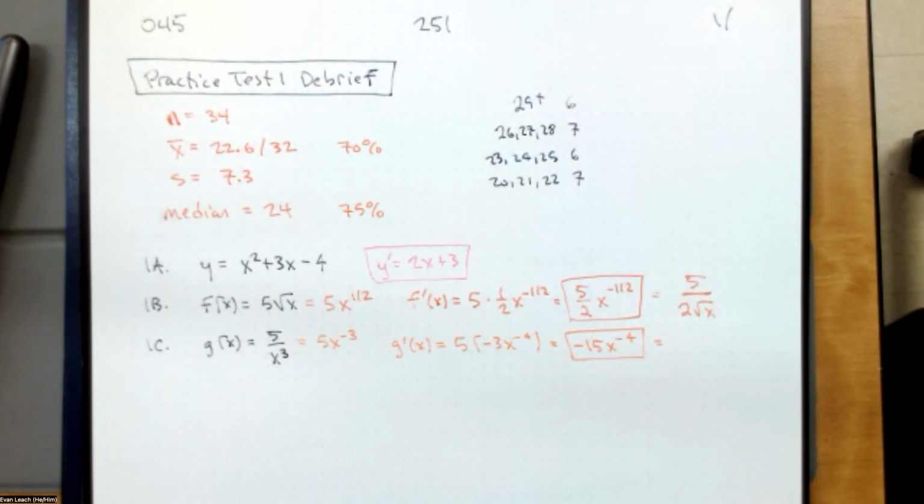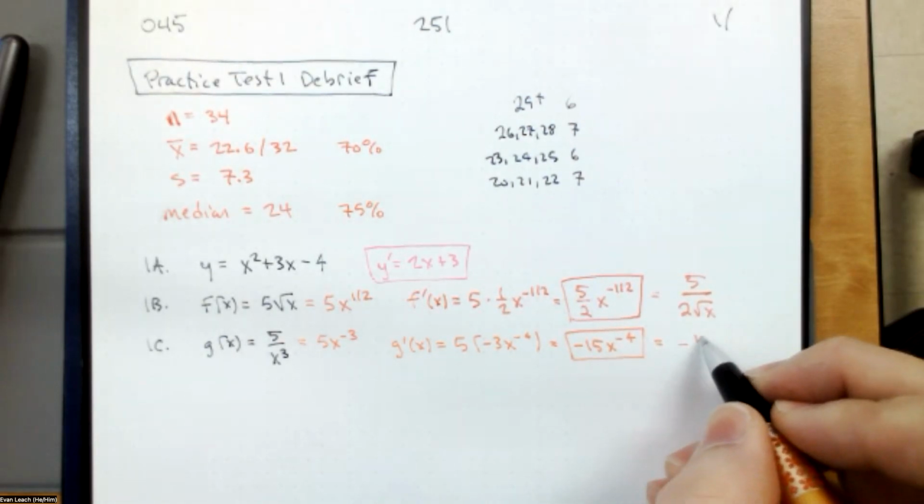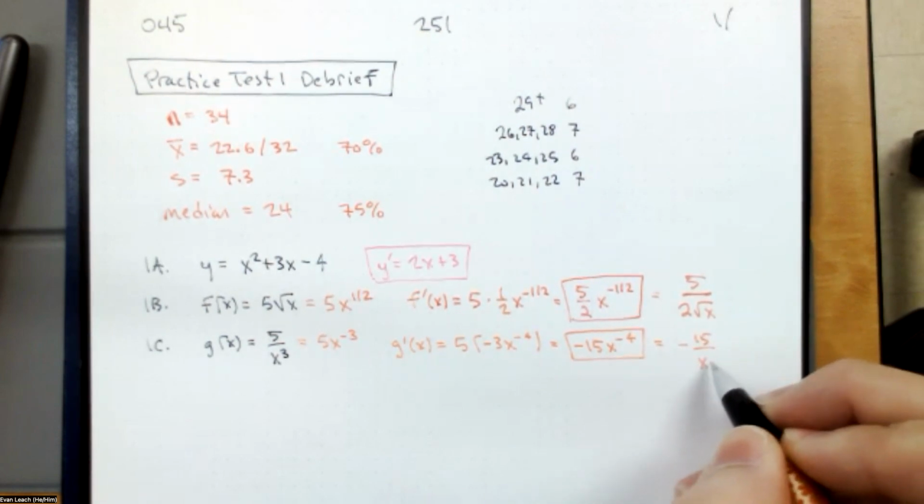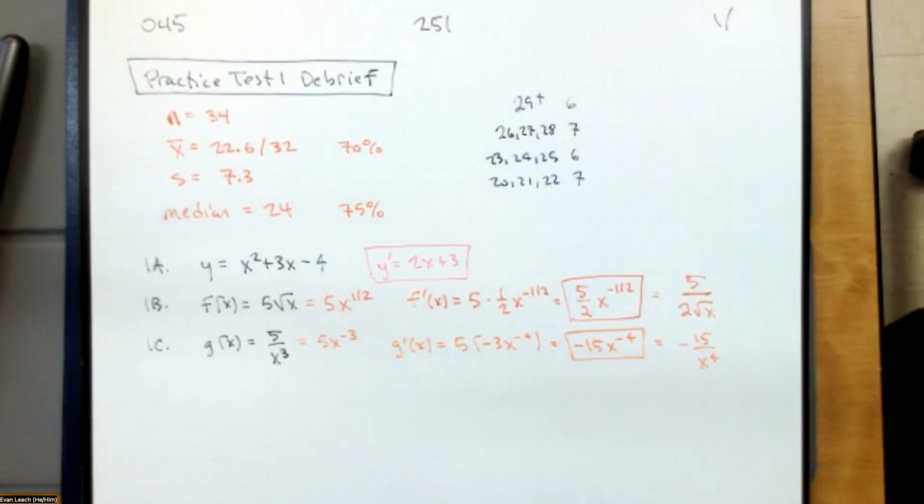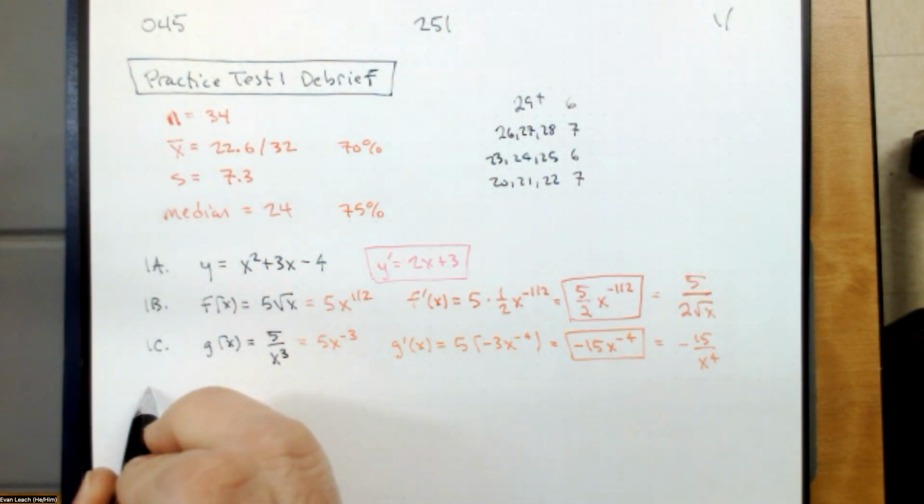Put that in the denominator, and you can write this as negative 15 over x to the 4. I'm writing all vertical because I have space and I'm just writing out by hand. If I was typing this, I would probably side by side it. Negative 15 over x to the 4. But since at this point we were writing, we'll just stay vertical.